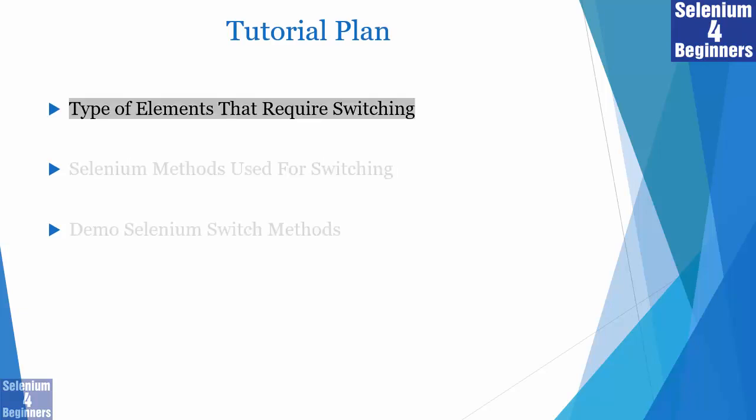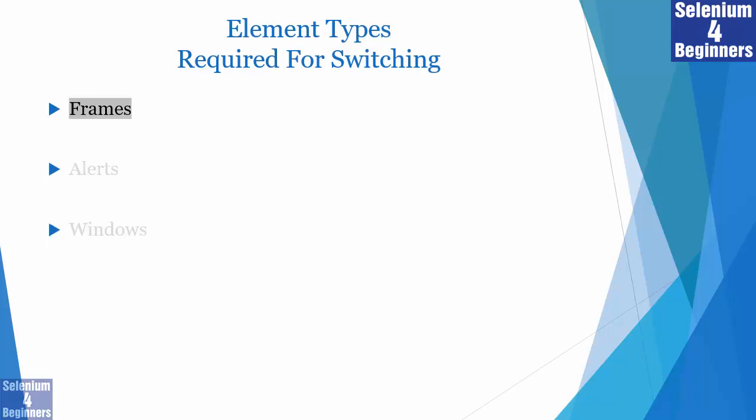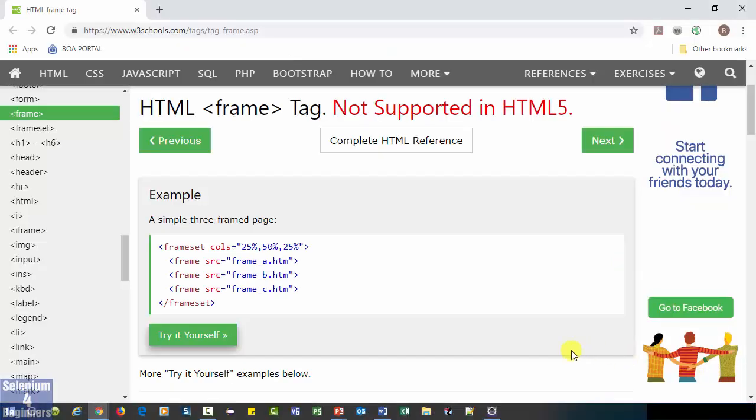Let's start with the type of elements that require switching. First, we have frames, then alerts, and the last is windows. A frame is a tag within a frame set tag. The frame defines one window within a frame set. Let me show you by using W3 Schools.